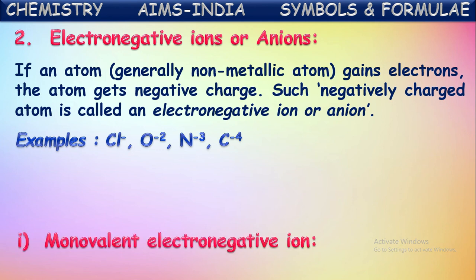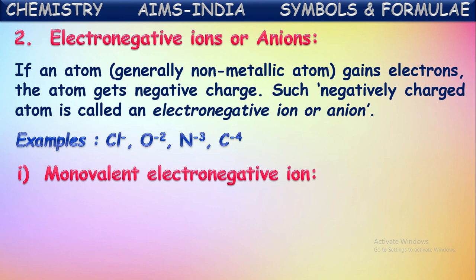Out of them, the first one is monovalent electronegative ions. What is meant by monovalency? The charge formed by the gaining or loss of one. And here electronegativity means the negative charge formed by the gaining of one electron.